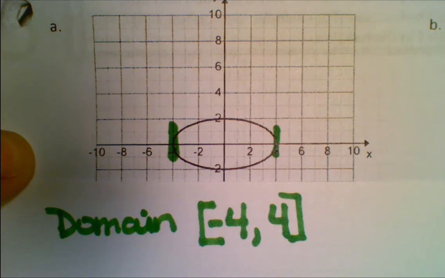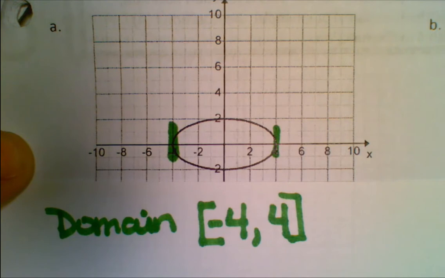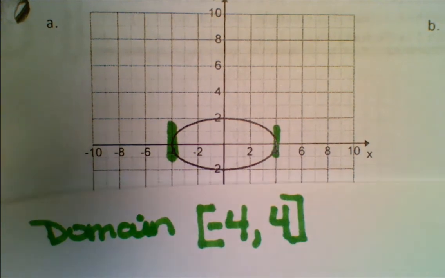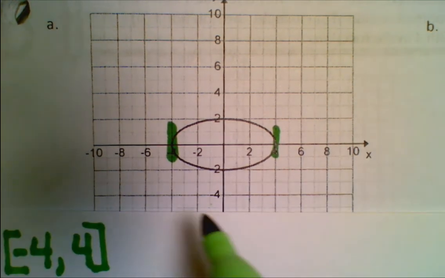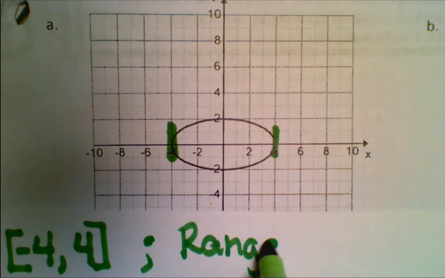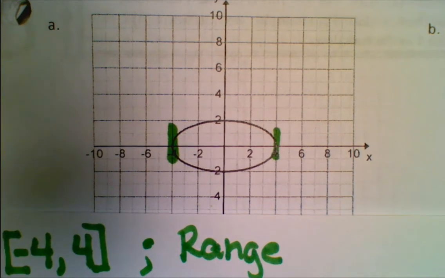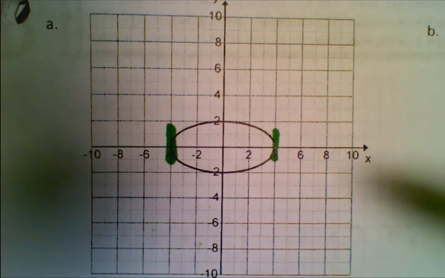Now, let's look at the range. That's the next part of this question. What is the range? When we're talking about range, we're talking about the y-axis, the second coordinate, the y coordinate. And we're going to write it in interval notation. Look at the graph here.